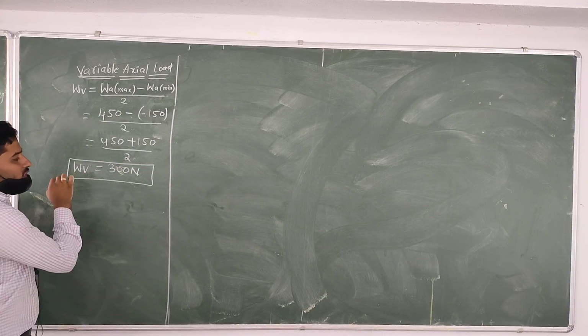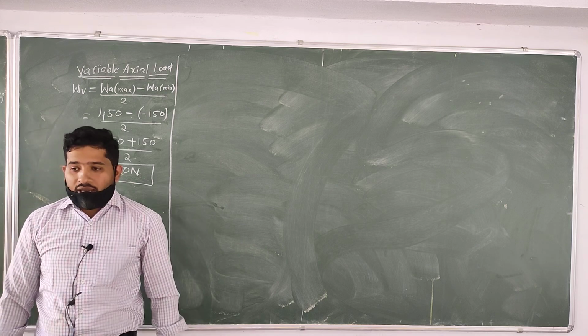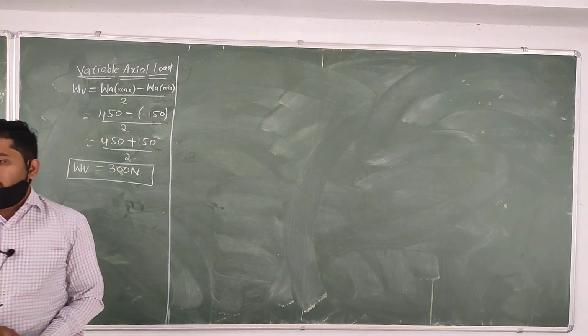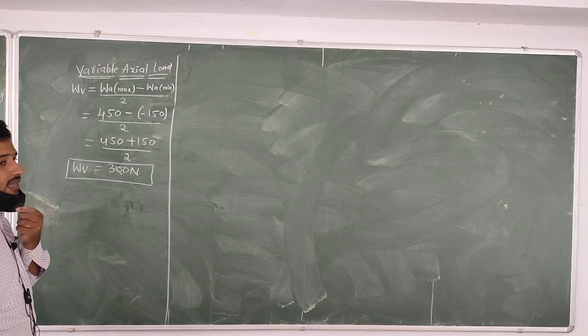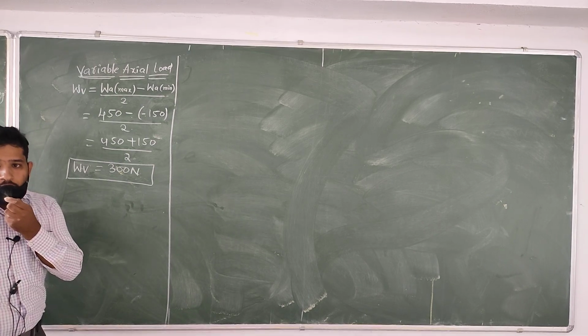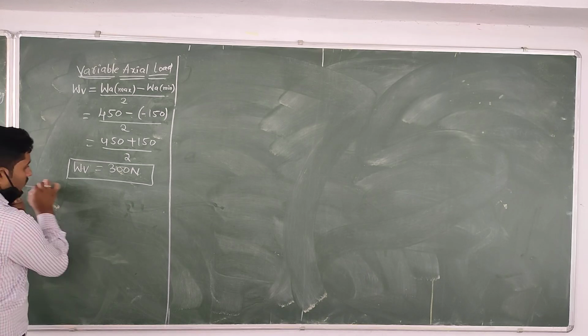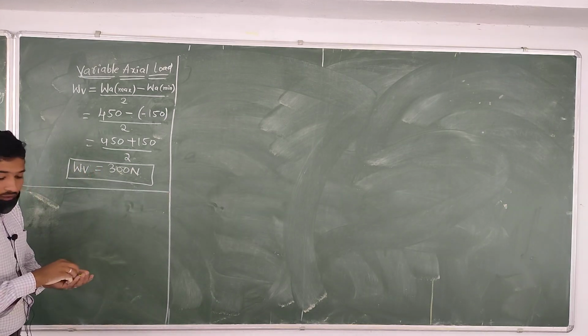Okay dear. Actually, what is our intention? Our intention is we need to find the mean axial load, or we can say the mean stress. Is it right? So which formula do we have to use here?